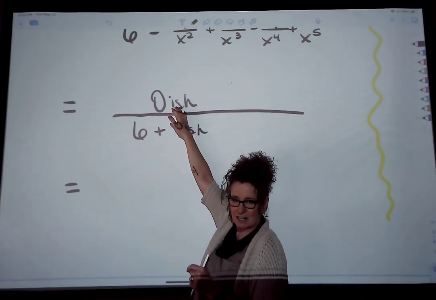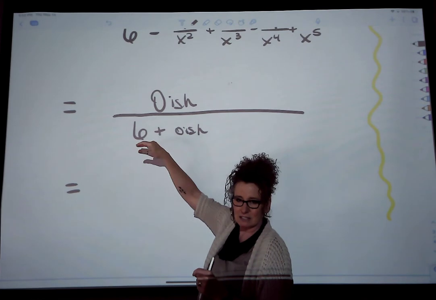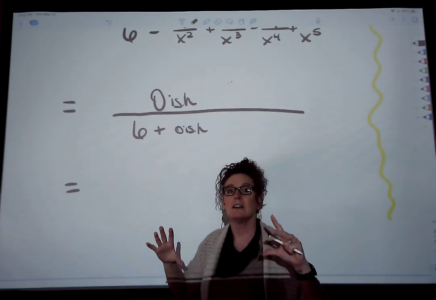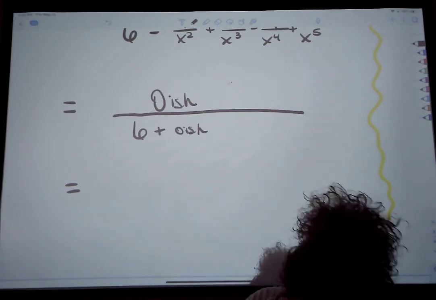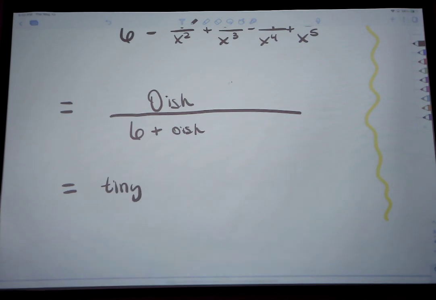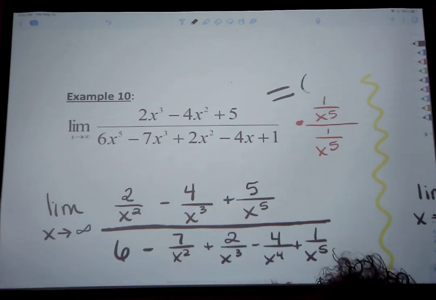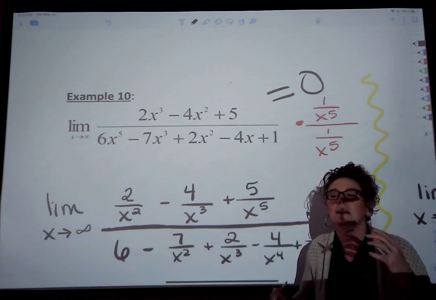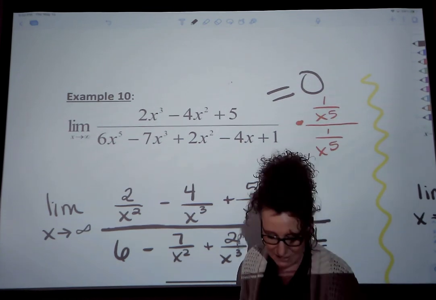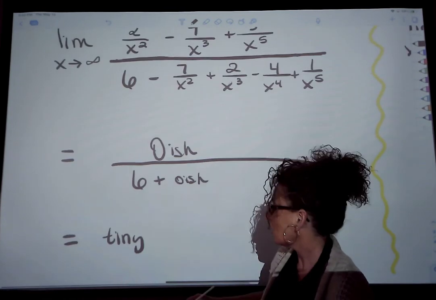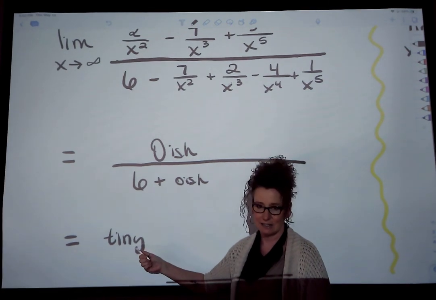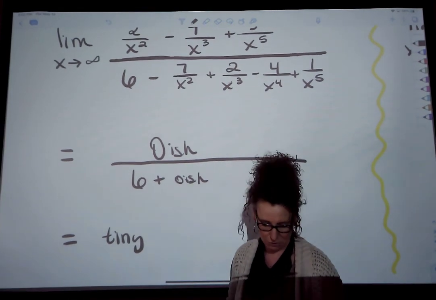So a teeny tiny number divided by 6 is going to result in a teeny tiny number. So I'm going to say the answer to my limit is 0. Remember, it's asking where are the y's headed? Well, the y's are getting tiny, so they're headed towards 0.